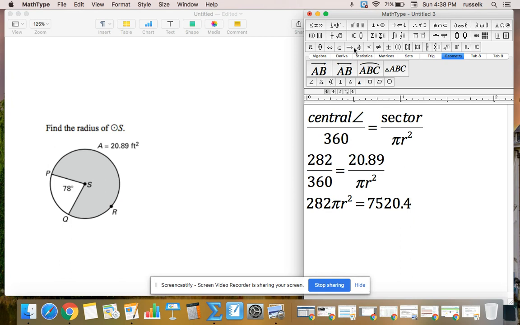And then the directions on this one did say to round, so we're going to divide both sides by pi as well, so divide by 3.14. And that would leave us with r squared is equal to 8.4930... Last step to get r by itself then is to take the square root of that number.